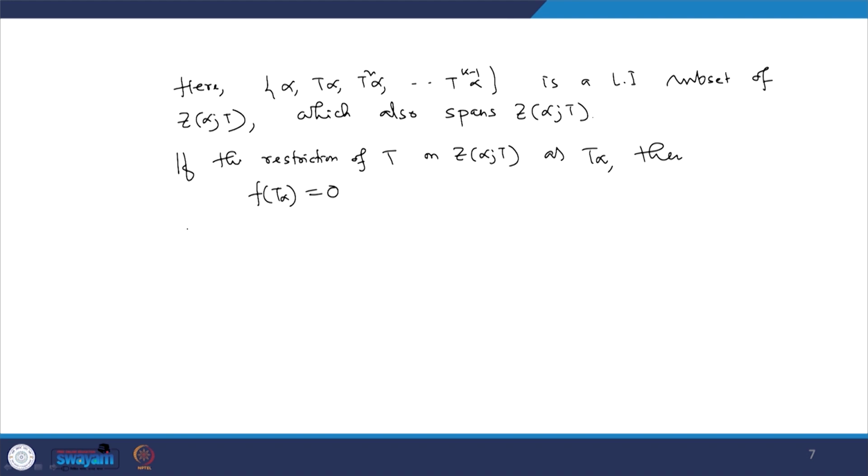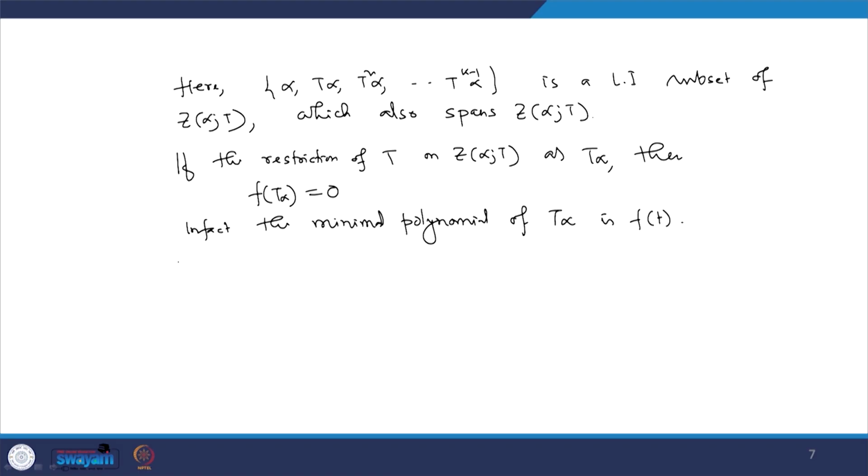In fact, the minimal polynomial of t alpha is f t.